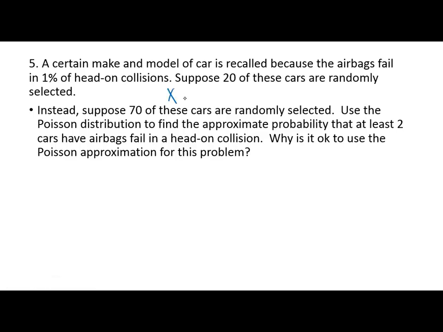So ignoring this first part of the question, now if we let x be the number of cars that fail, this is binomial. What's the exact distribution here? So now if I have 70 cars, x is still a binomial random variable. Now I have 70 cars, the same success probability there.